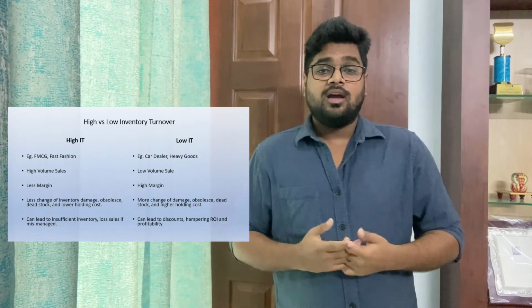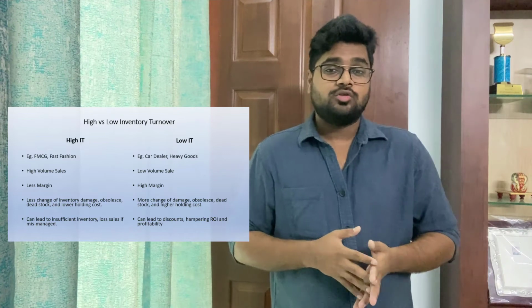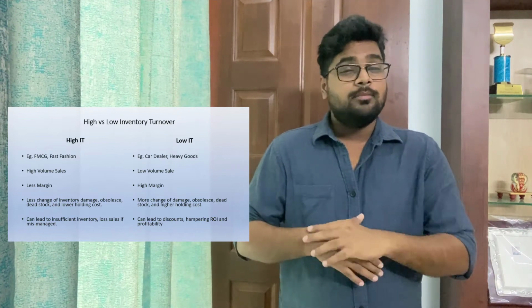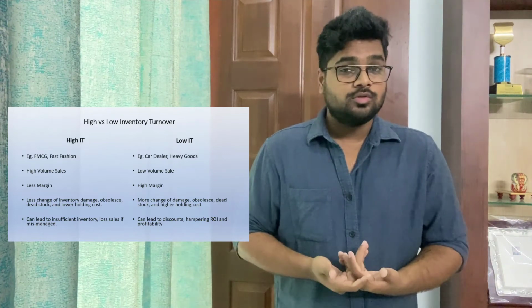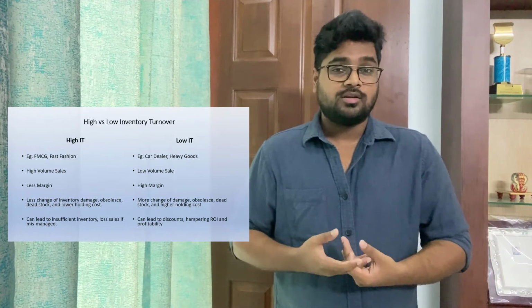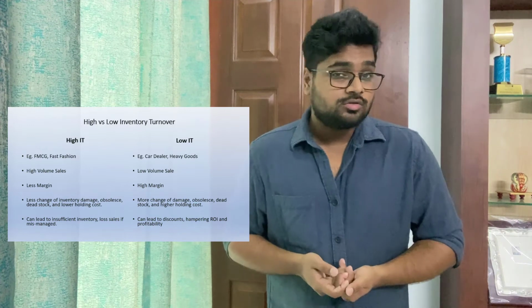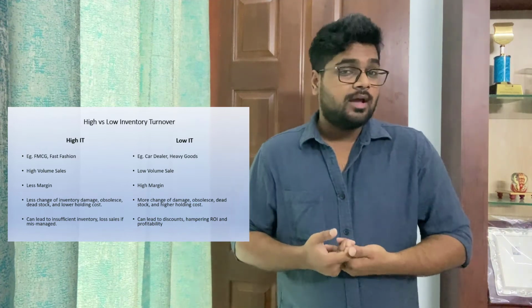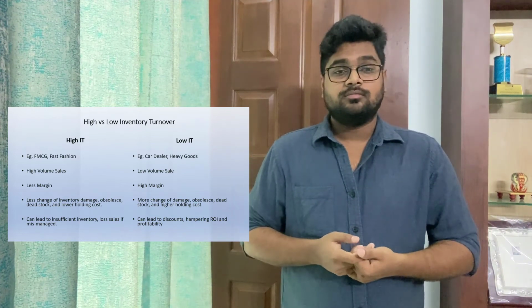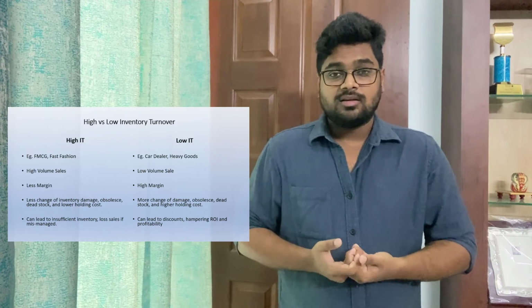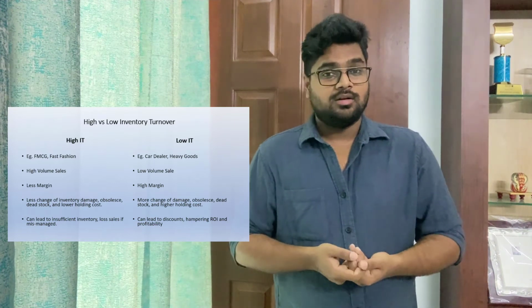On the other hand, a very low turnover ratio means that you might be dealing with some higher priced goods in the market, like cars or heavy manufacturing machines, but then their holding cost also increases. There's a chance of damages, a chance of obsolescence, right? So that comes with higher inventory.